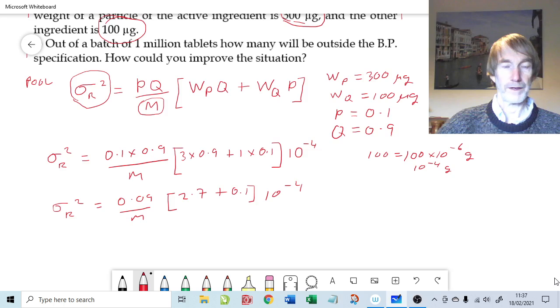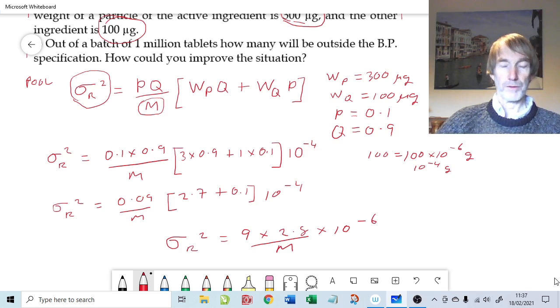So finally we can come up with sigma R squared equals 9 times 2.8 times 10 to the minus 6 all over M.